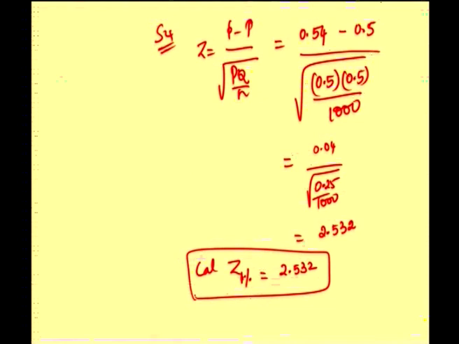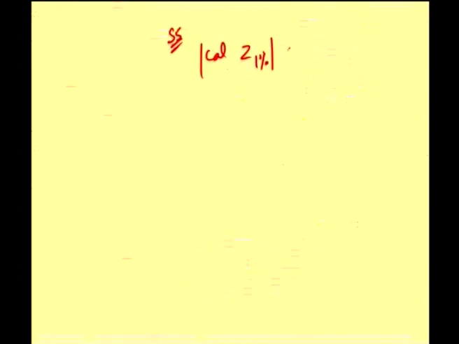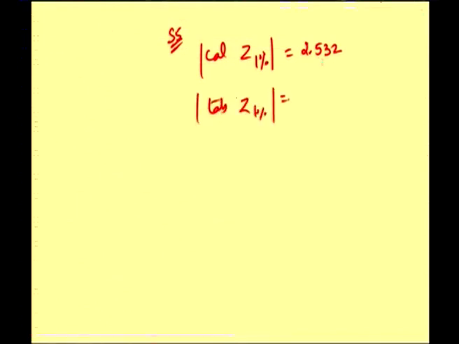Now we have come to the conclusion part, where the calculated Z and tabulated Z are compared. Calculated Z is 2.532 and tabulated Z at 1% is referred from the tables which I have shown in one of the previous sessions, which is equal to 2.58. Therefore, the calculated value 2.532 is lesser than the tabulated value at 1%.